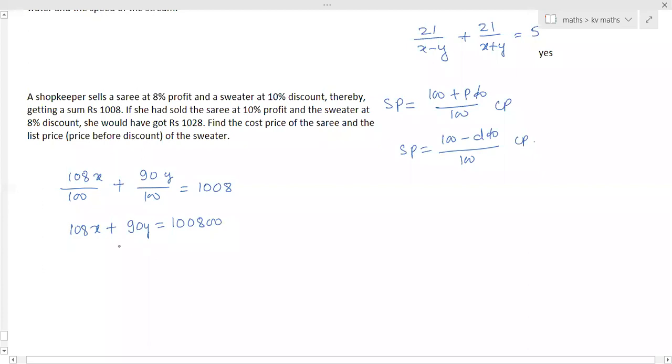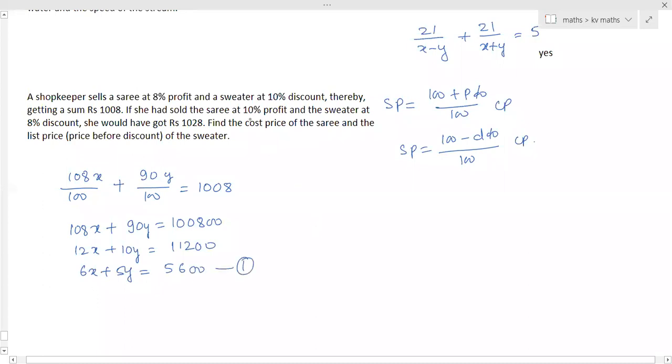Both are divisible by 9. 12x plus 10y is equal to, 9 ones are 9, 9 tens are 90, 9 twelves are 108, 1008 divided by 9 is 112, so 11200. Again, this is divisible by 2. 6x plus 5y is equal to 5600. This is the first equation.